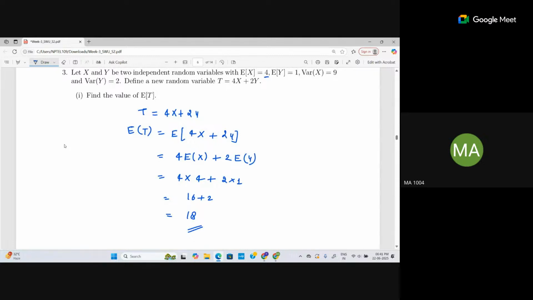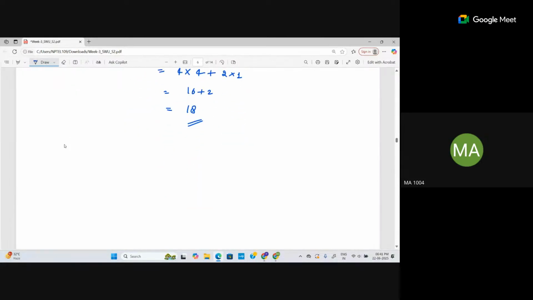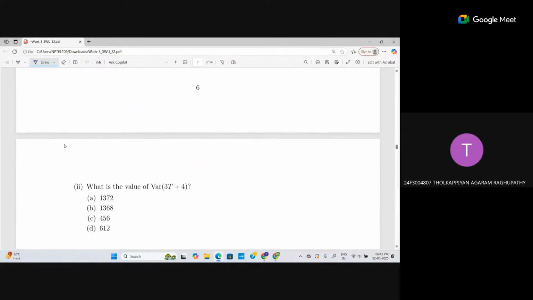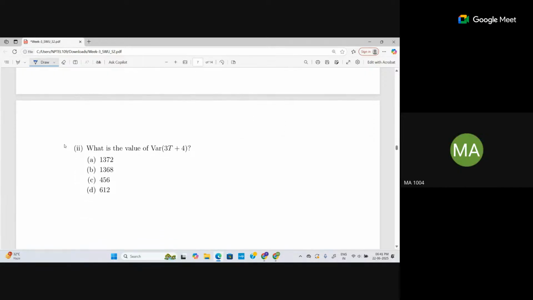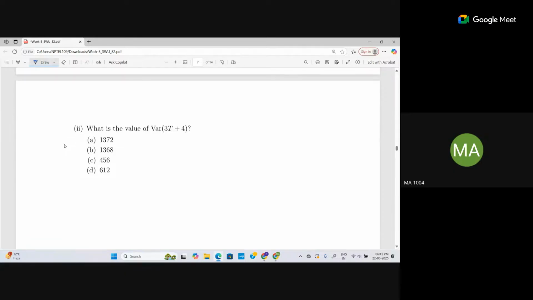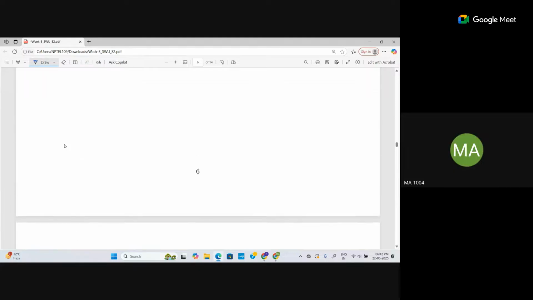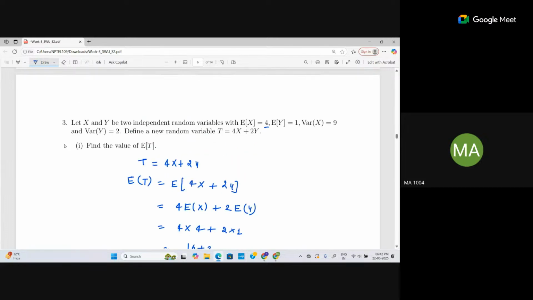Any doubt, any confusion in this question? Ma'am, why did they give the variance for the other two? Yes, we have the next part. Now solve this one. Ma'am, could you once show the question? Yes. So variance of x is 9 and variance of y is 2.